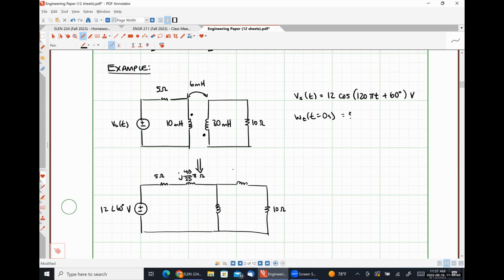It's going to be J108. That is not 108. My apologies. And negative J 18 pi over 25 ohms down here.